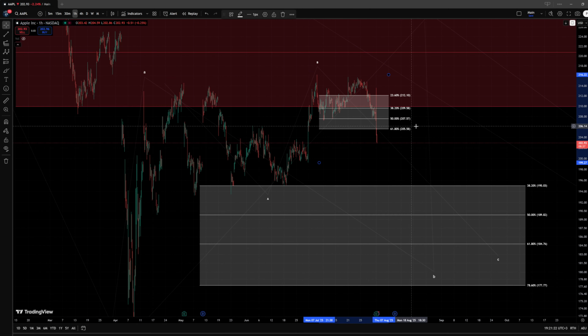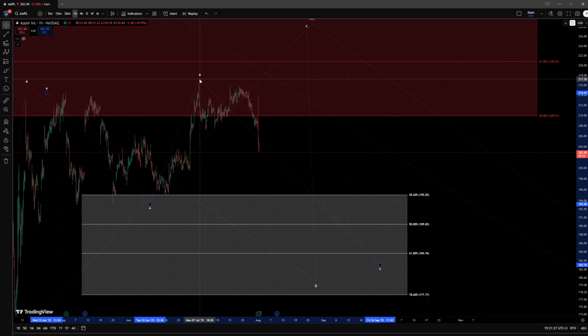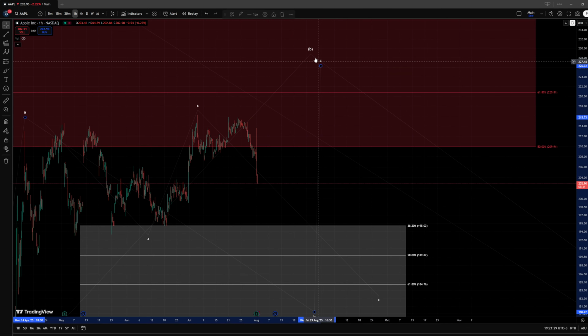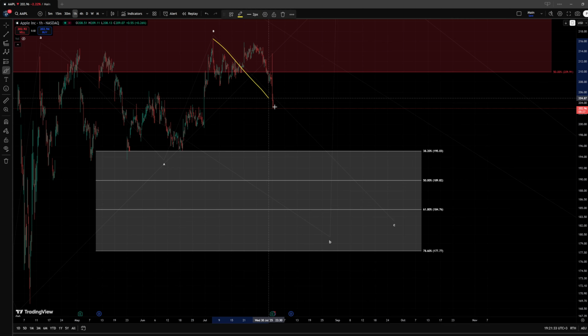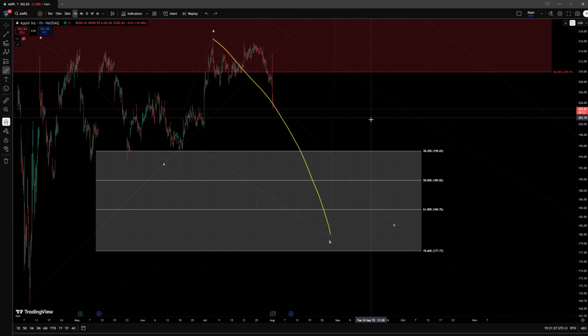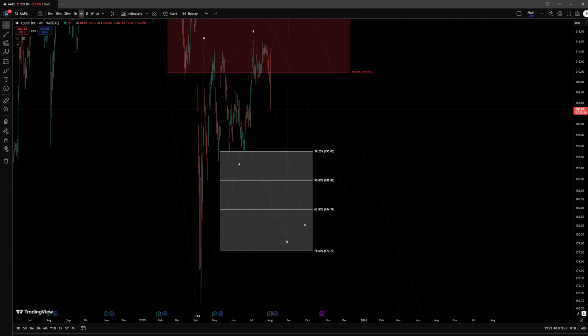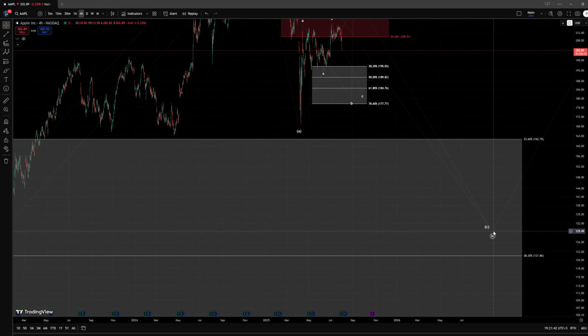Anyway, this support zone is no longer valid. The interpretation is now slightly different, and I am looking for a larger correction in this B wave, but then for more upside before we overall head lower in the C wave of the wave 4.